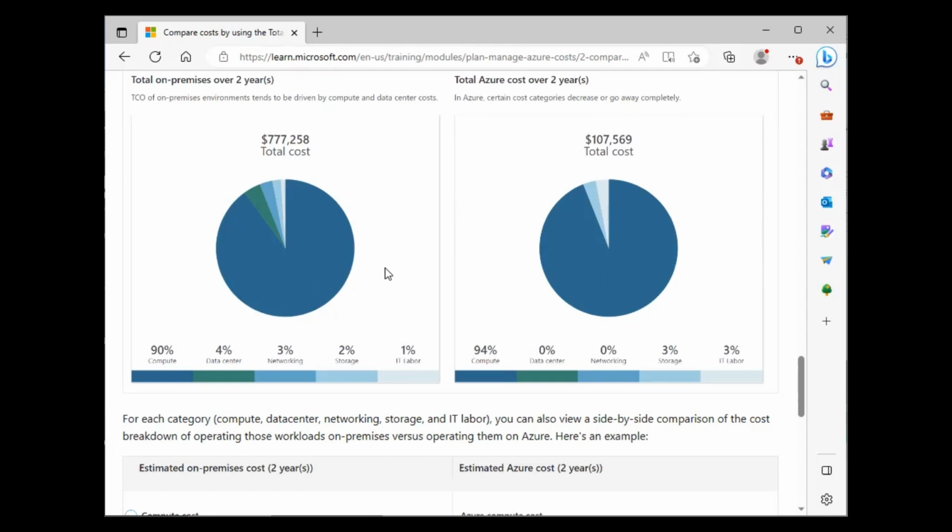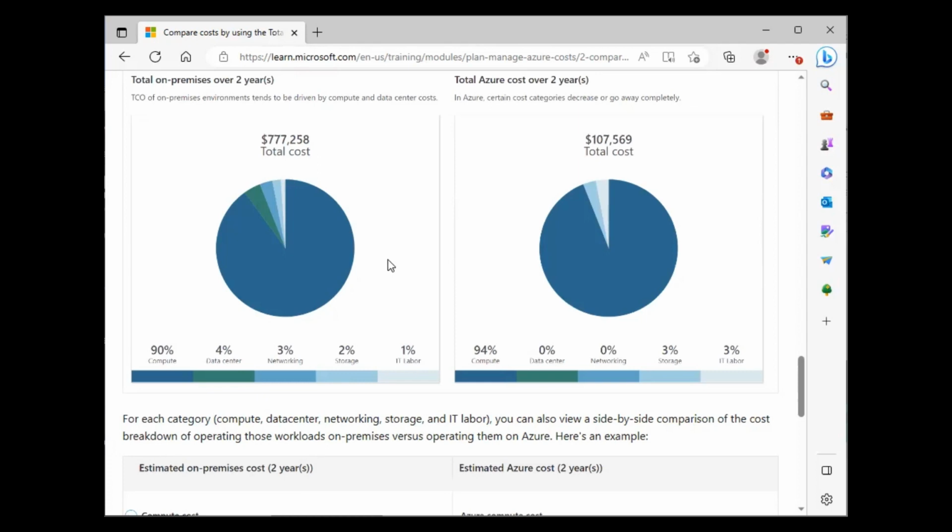For each category, compute, data center, network, storage, and IT labor, you can also view a side-by-side comparison of the cost breakdown of operating those workloads on-premise versus operating them on Azure.